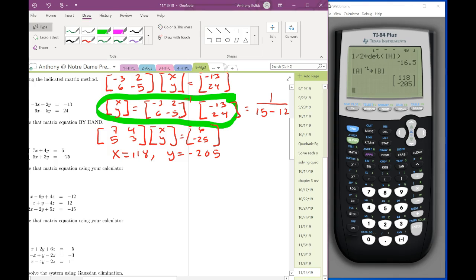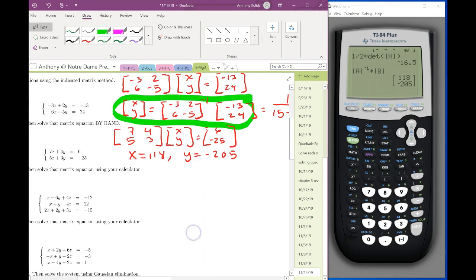So for A, B, and C, you put in... So I don't actually make the solutions matrix as a matrix in my calculator.